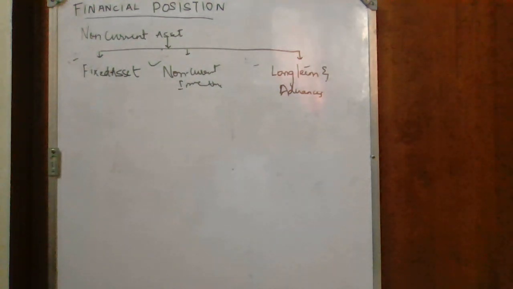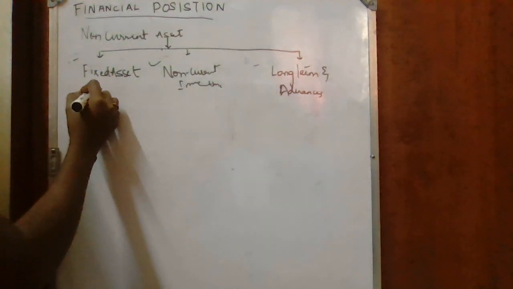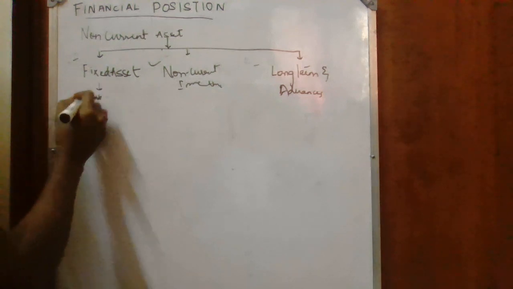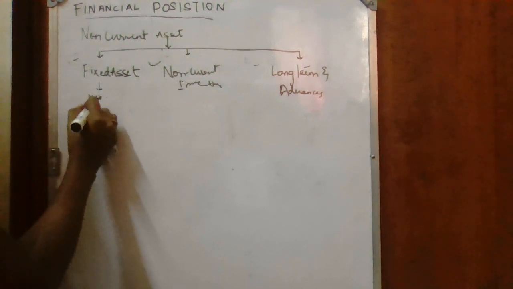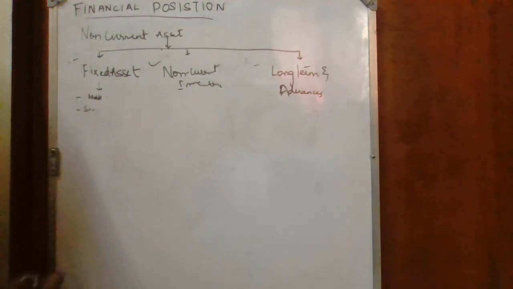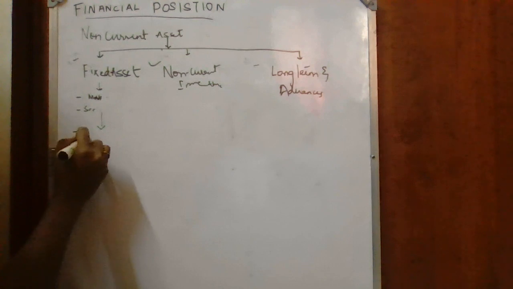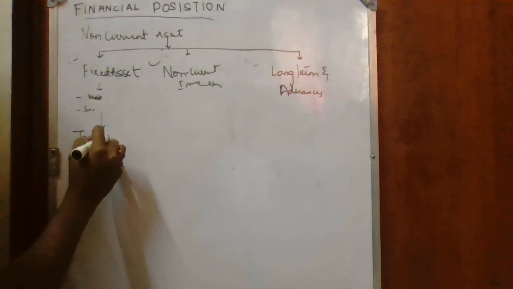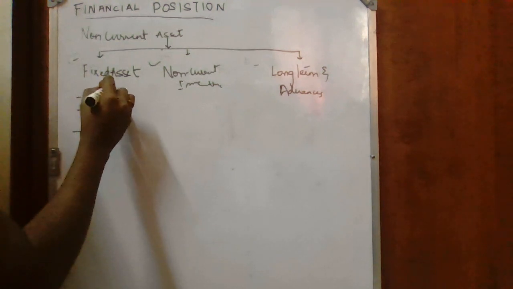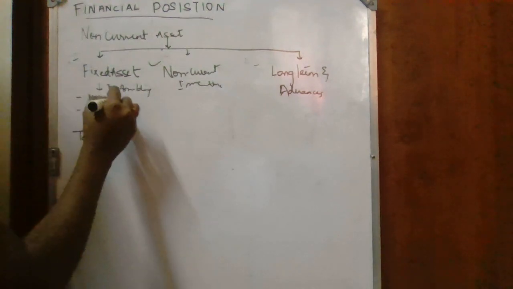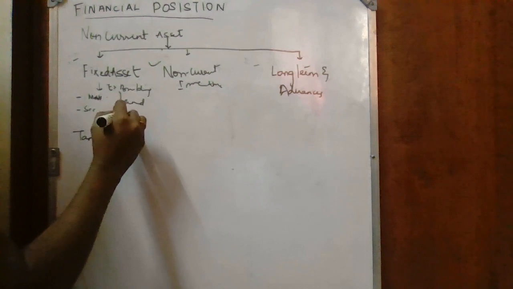Fixed asset. A fixed asset is something that cannot move. Under this, we can see two criteria. First we have tangible assets. Examples will be building, land or machinery that is fixed.